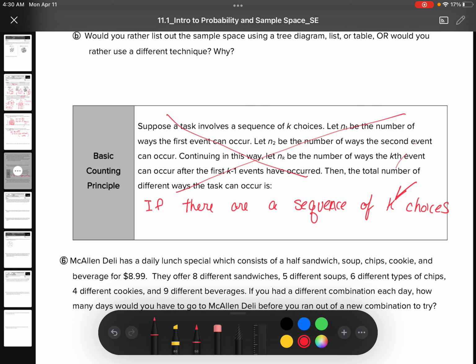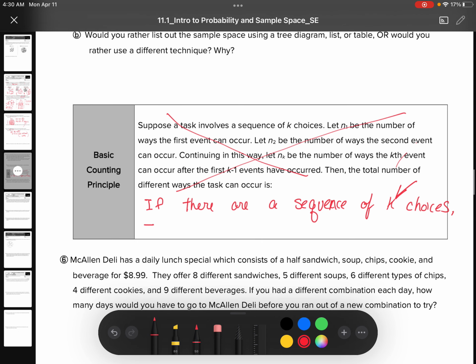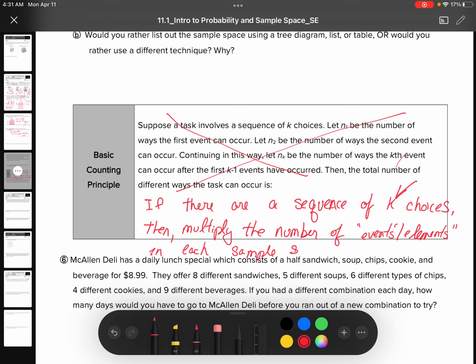If there are a sequence of k choices, then multiply the number of events or elements in each sample space together.